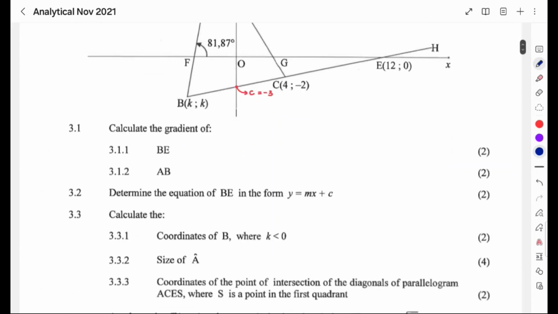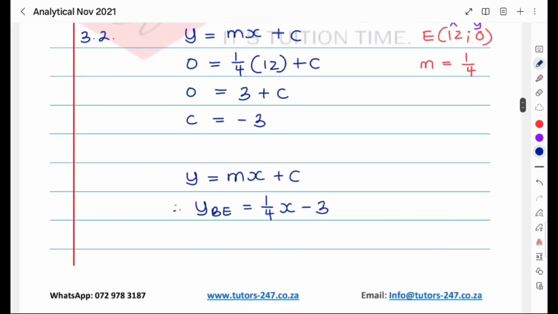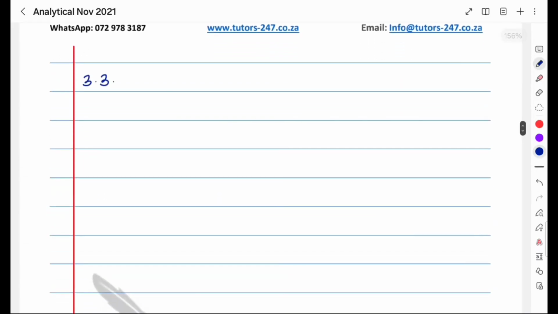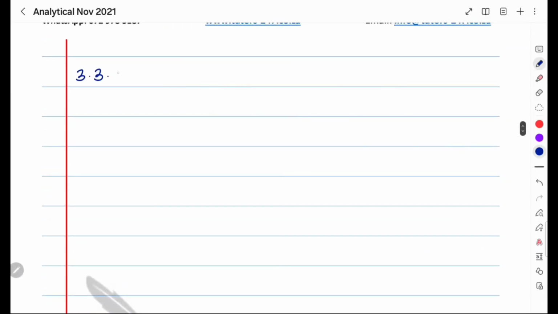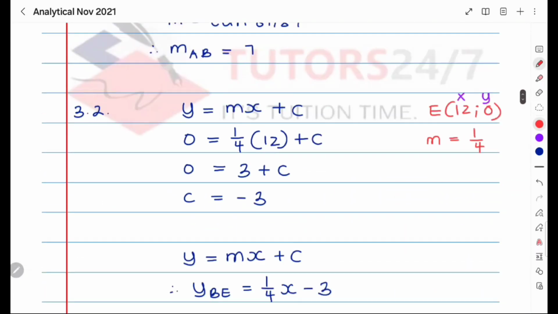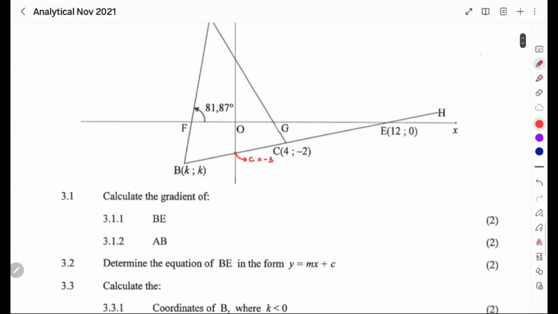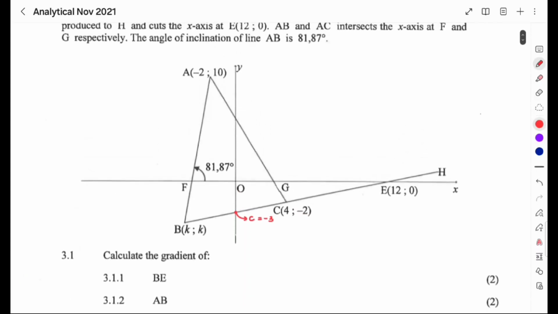So step number 1, let us determine the equation of the line AB. We calculated the gradient of the line AB as 7. In order to determine the value of C, the y-intercept of the line AB, we need a coordinate on the line AB.